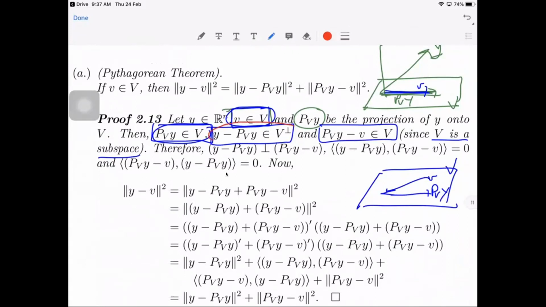Now, this is in B perp. This is in V. So it means that they are orthogonal. So y minus b, y minus the projection of y onto V is orthogonal to the projection of y onto V minus V. So that if you get the inner product of that, that is equal to 0.